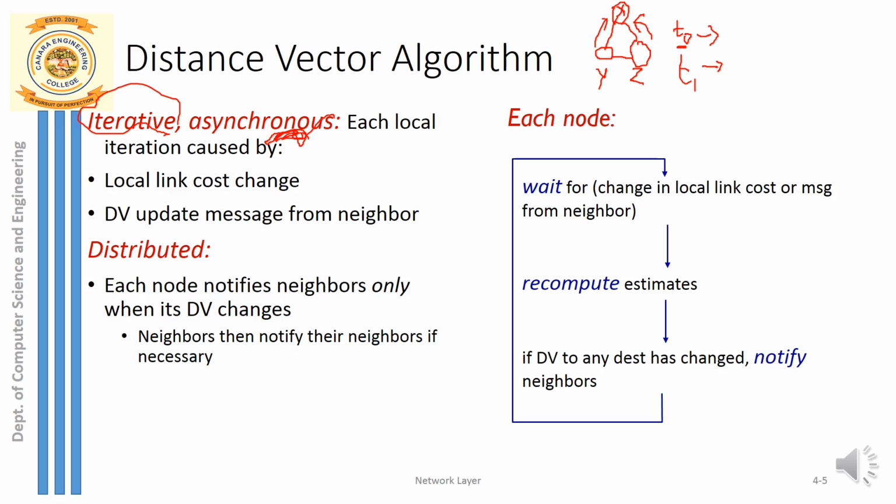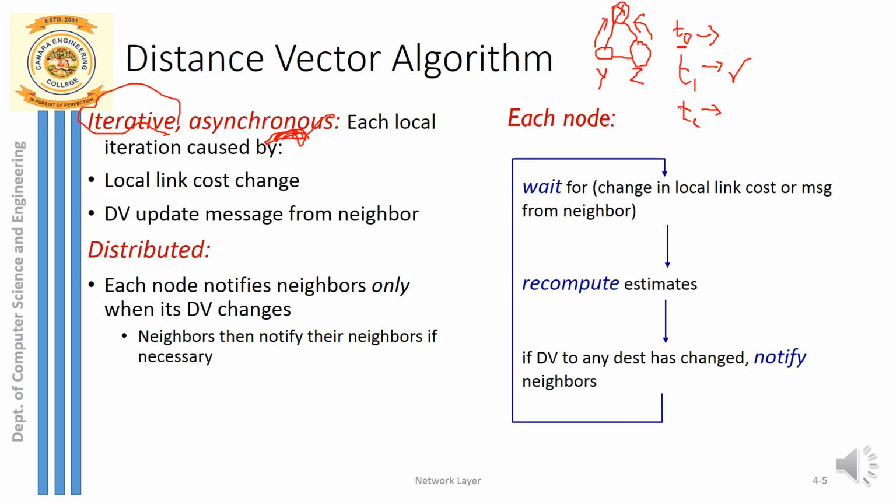So this distance vector may change at time t1. At time t2 again you may refine your distance vector calculation and see whether it has changed. This continues until no new information is shared. At every instant of time a new least cost path may be calculated, but the algorithm iteration stops when no new least cost path is calculated. So you call this distance vector algorithm iterative and asynchronous.